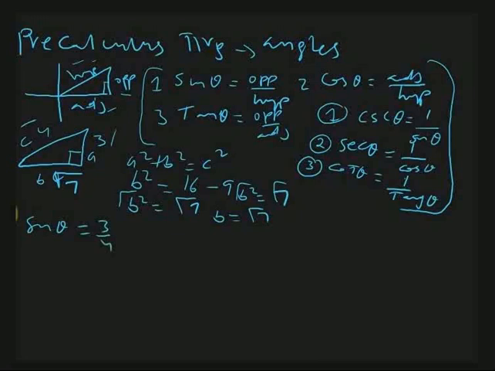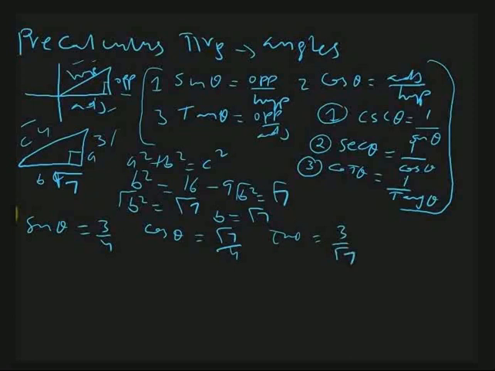So sine is what? Opposite over hypotenuse, a over c, so 3 over 4. Cosine is adjacent over hypotenuse, so it will be square root of 7 over 4. Now you have to find the tangent. Tangent is opposite over adjacent, which is 3 over square root of 7.